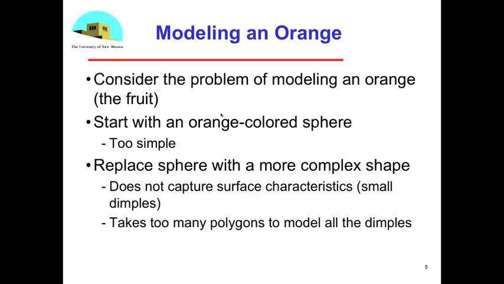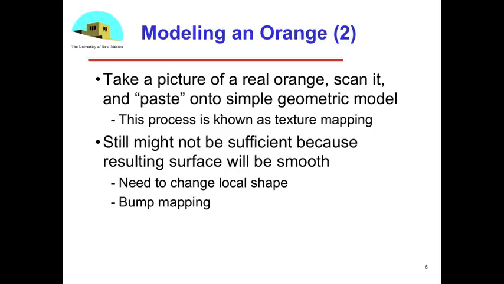So let's take another view and start from scratch and say, okay, let's take a picture of an orange. If we have a photograph of the orange or a scanned orange, then I have a picture of all of that little surface detail, and I could then take that digital image and try and paste it onto a simple geometric model.